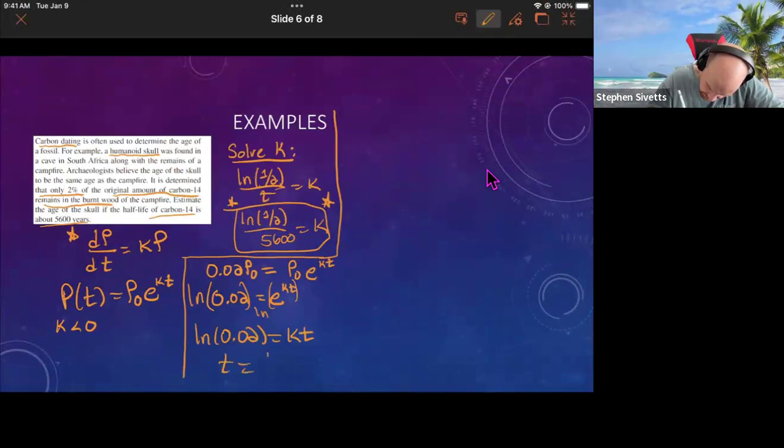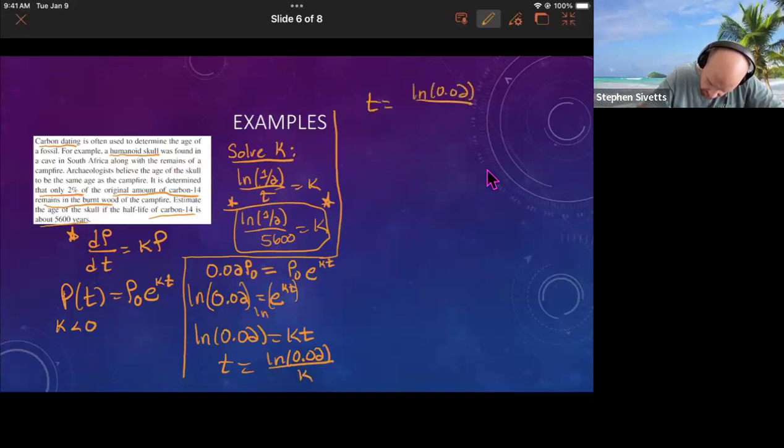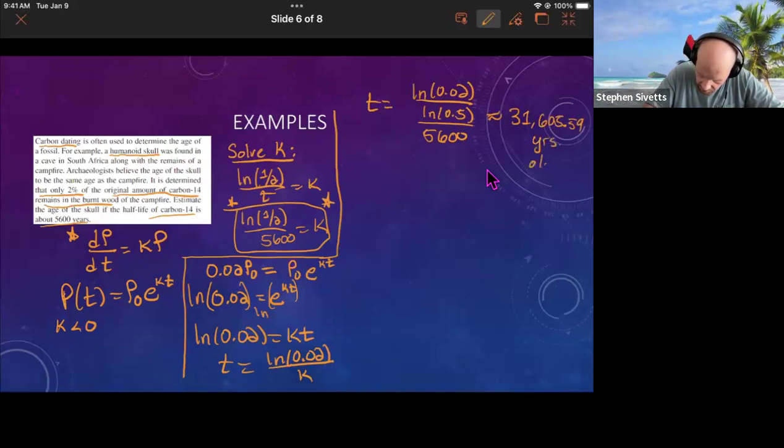And so T is equal to natural log of 0.02 over K. And so T is equal to natural log of 0.02 over natural log of 0.5 over 5,600, right? So that is approximately 31,605.59 years old. Okay, so pretty amazing, right?